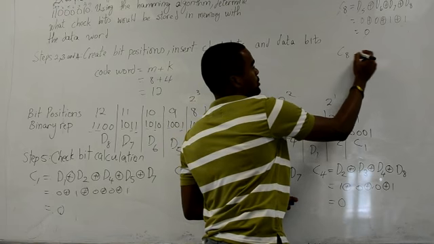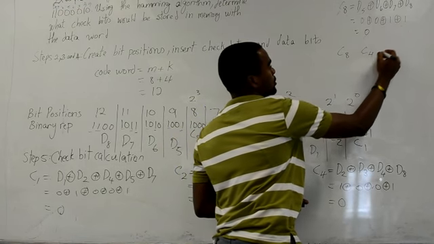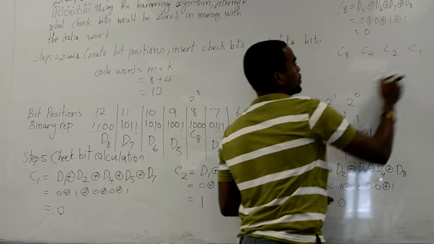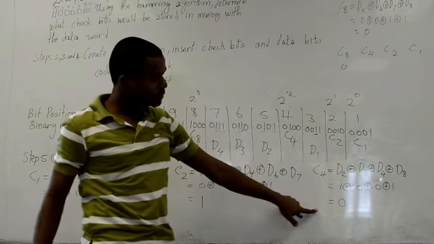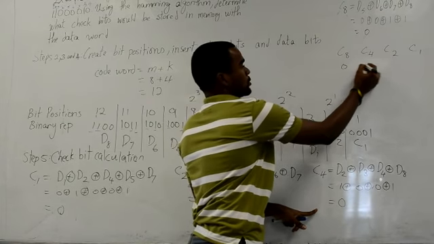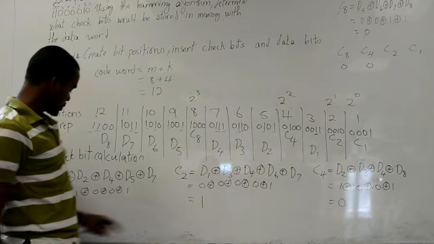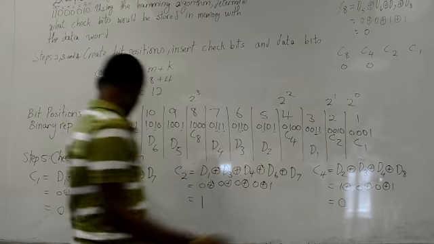So we have check bit 8, check bit 4, check bit 2, check bit 1, and 8 is 0, 4 is 0, 2 is 1, and 1 is 0.